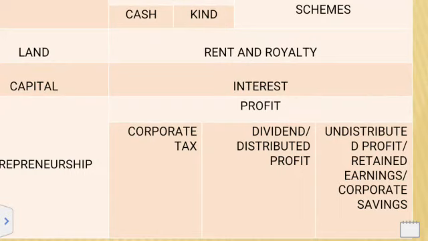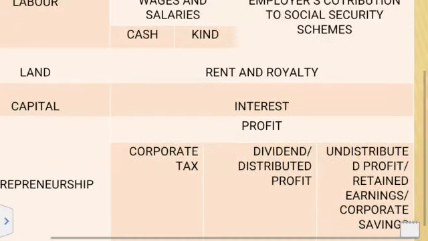And another part is the undistributed profit, otherwise also known as retained earnings. Another name for this undistributed profit is corporate saving. Any corporation or enterprise saves a part of its profit for the unseen future as contingency. That part is known as the undistributed profit.